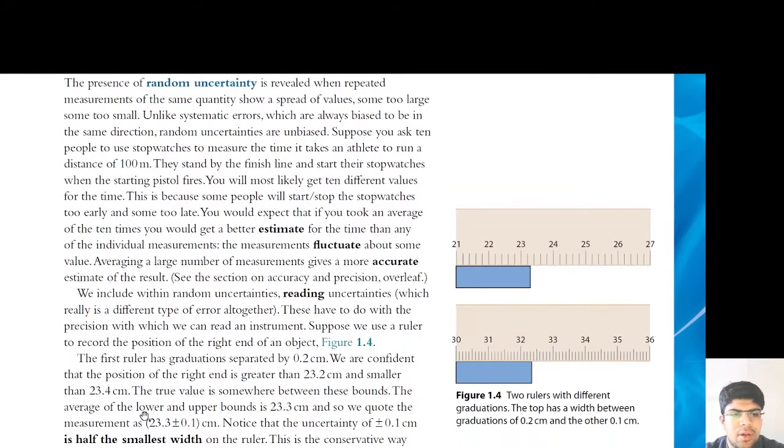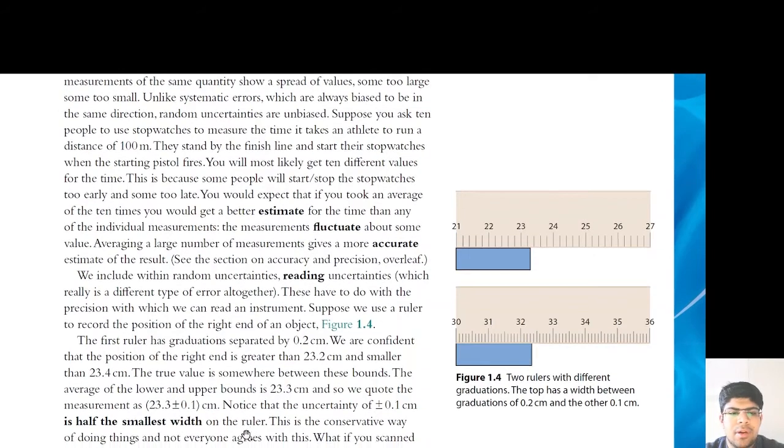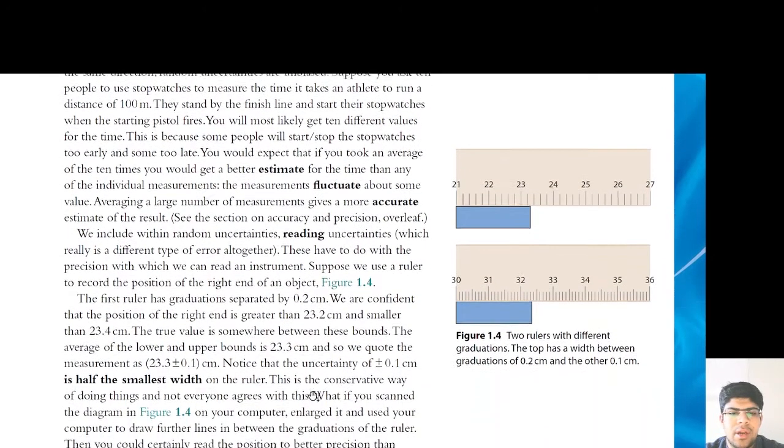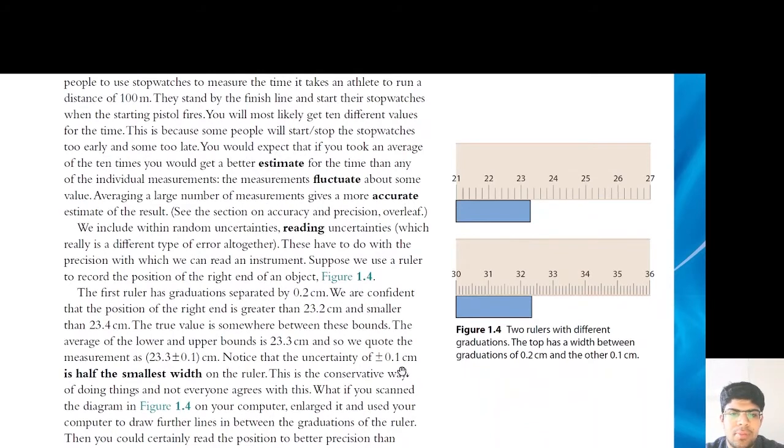The average of the lower and the upper bound is 23.3 centimeter, and so we quote the measurement as 23.3 plus minus 0.1 centimeter. Notice that the uncertainty of plus minus 0.1 centimeter is half the smallest division on the ruler. This is the conservative way of doing things, and not everyone agrees with this.